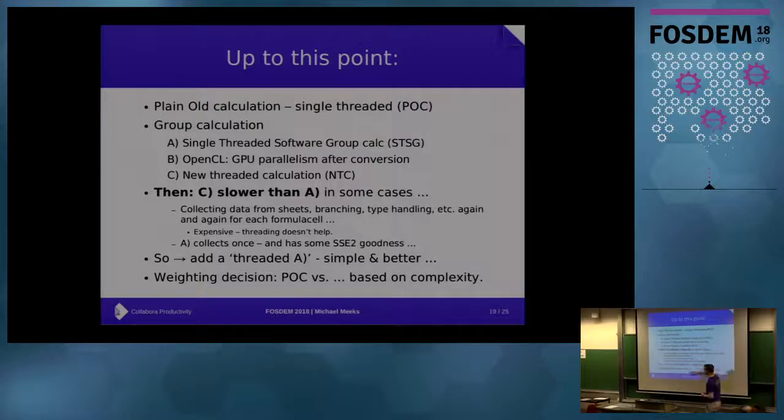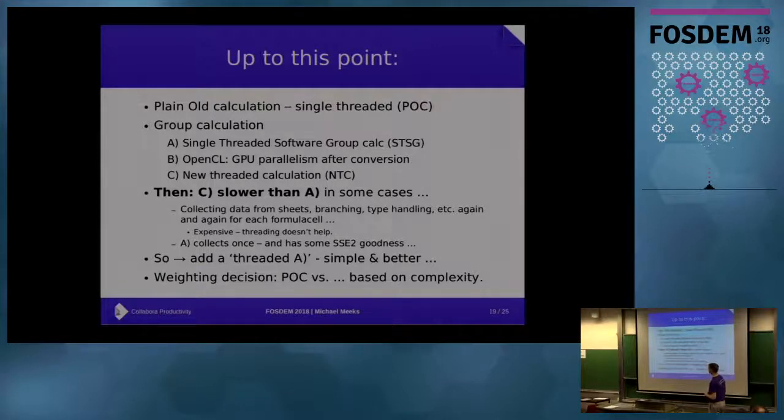It turns out that actually the process of collecting all that data from the sheets, checking its types, fooling around, looking at format types, and so on for each formula cell is really expensive. And often it's done again and again and again where you have an n squared. So you're doing a big operation on a column, and then you're doing it multiple times as you go down.